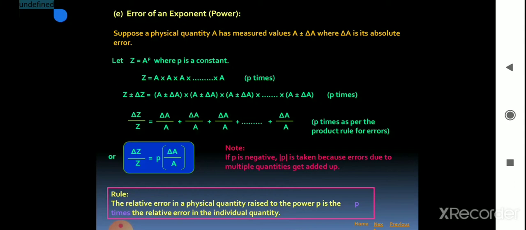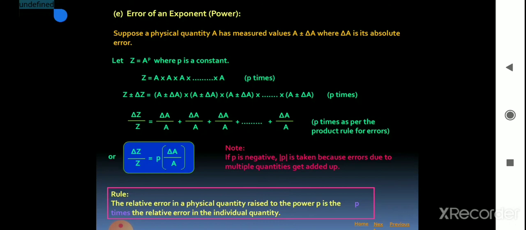Now that can also be written as delta z divided by z is equal to delta A divided by A plus delta A divided by A, and so on, p times, as per the product rule for errors.